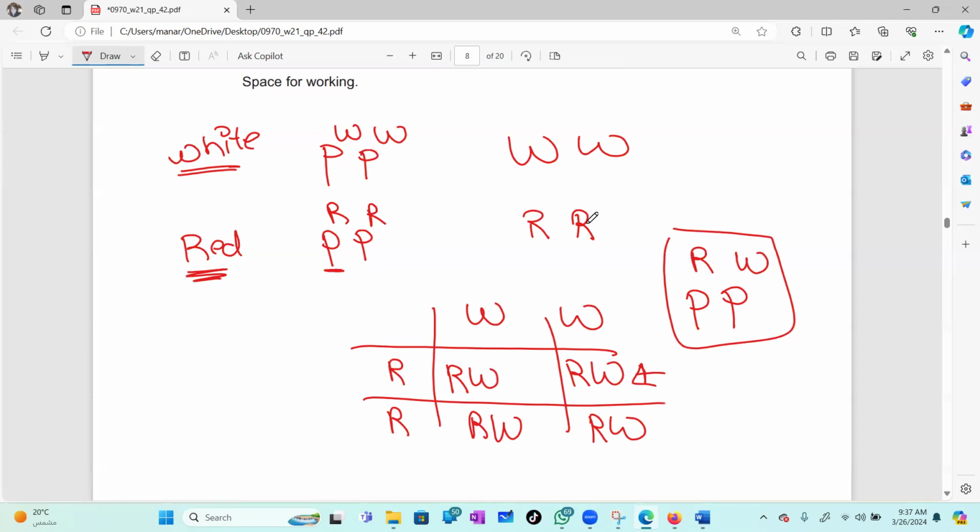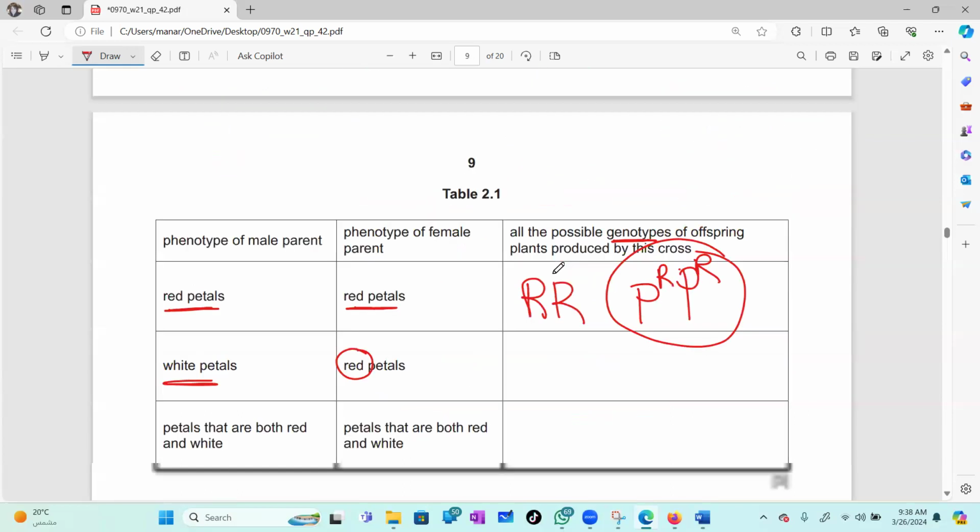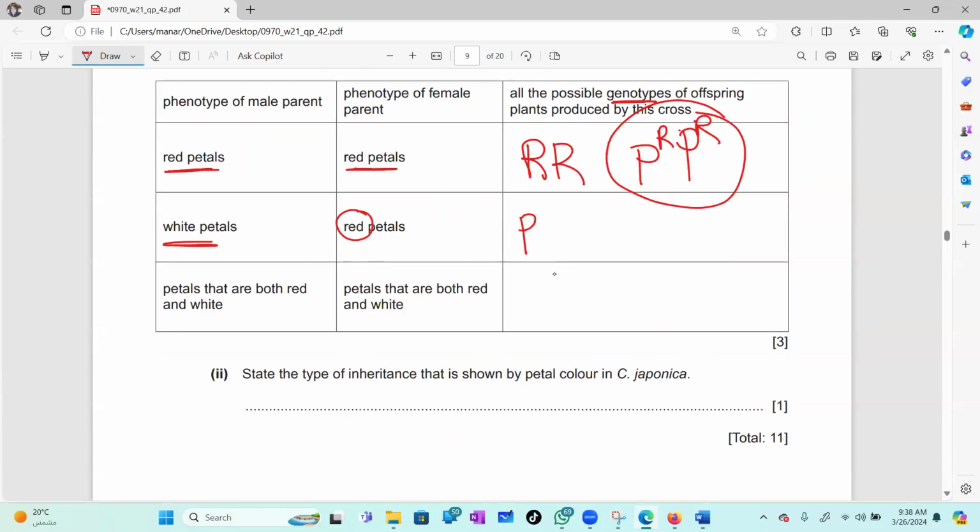All the offspring will have this genotype. If you wrote this other answer, because some of you did this, I don't know why, this is wrong, because this is recessive. Okay, and they told us that the red is dominant. So the answer here will be P, R capital, W capital, or R, W.